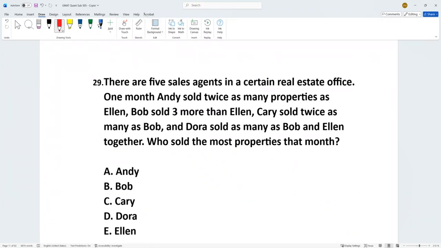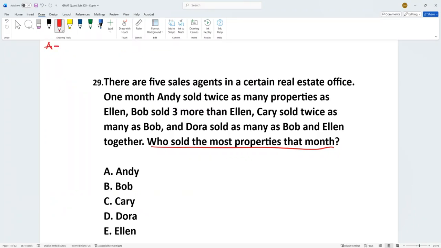One month, Andy sold twice as many properties as Ellen. Bob sold 3 more than Ellen. Carrie sold twice as many as Bob, and Dora sold as many as Bob and Ellen together. Who sold the most properties that month? So who sold the most property? That's the question. Now we can put our elements.